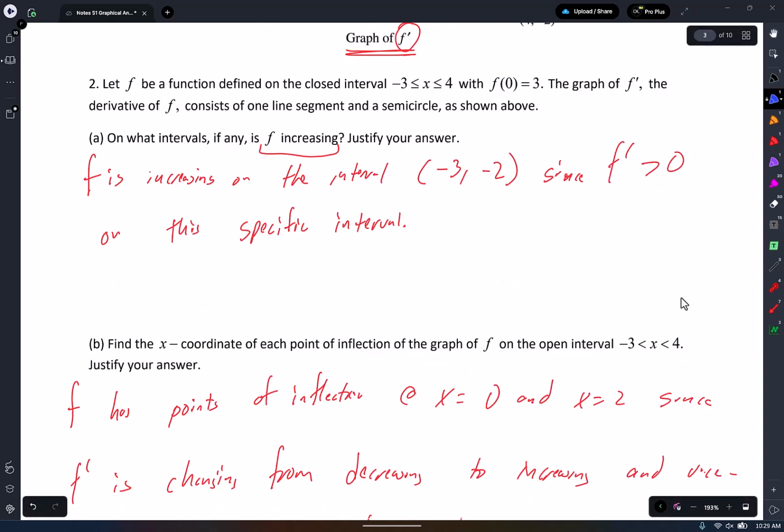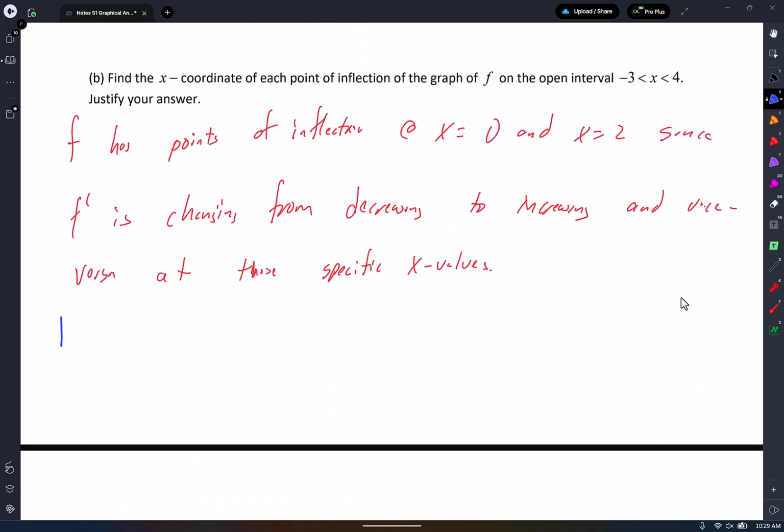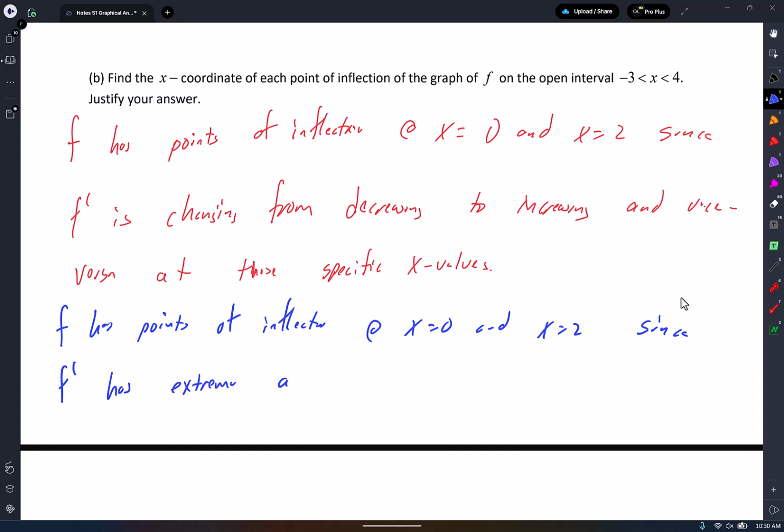So you could have said, let me write the alternate. f has points of inflection at x equals 0 and x equals 2, since f prime has extrema at those x values. Extrema is Latin for extreme values. Extreme means max or min. You can say what's in blue. Does that make sense, guys? Okay.